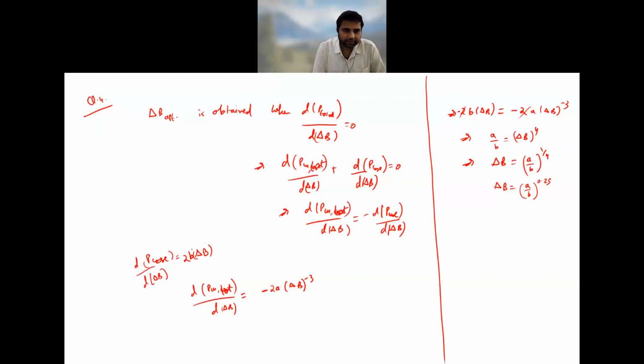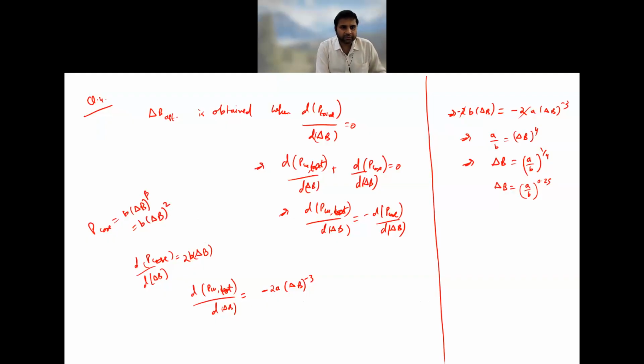Our P core is given as B delta B raised to power beta, and beta is given as 2, so it is nothing but B delta B square.